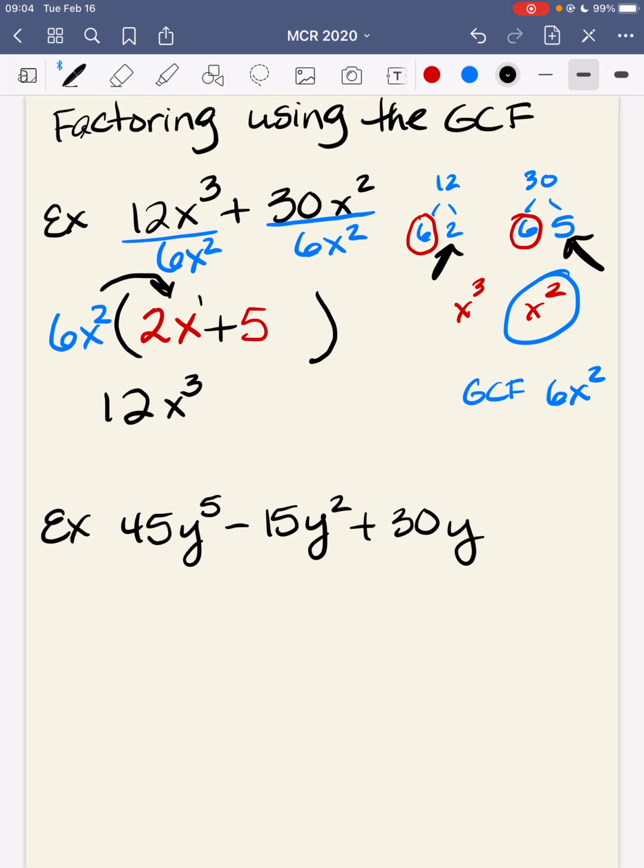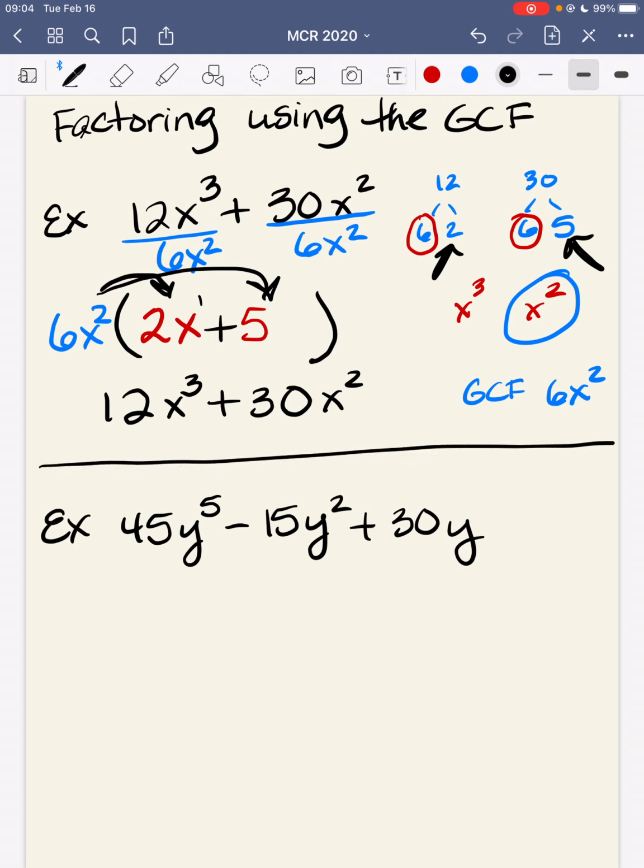So there's my 12x to the third. And then I'm going to distribute to the 5. 6 times 5 is 30, and x squared. And I should have a match to what I started off with. All right? I would like you to try problem number 1 that goes with this.